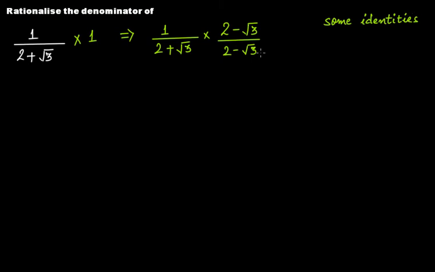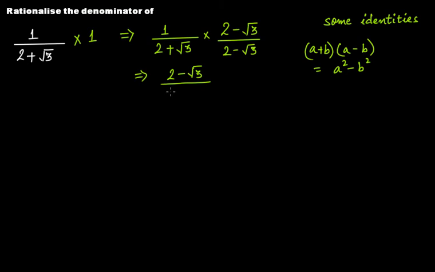There we have discussed this, because when you multiply by 2 minus root 3, the denominator is of the form a plus b multiplied by a minus b, that will give you a squared minus b squared, right?